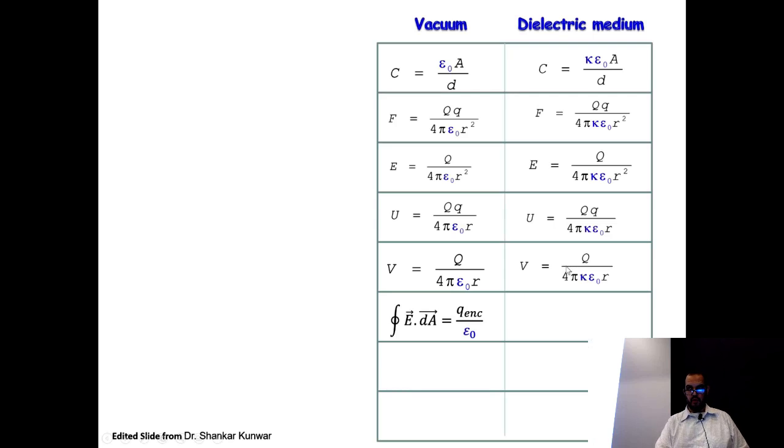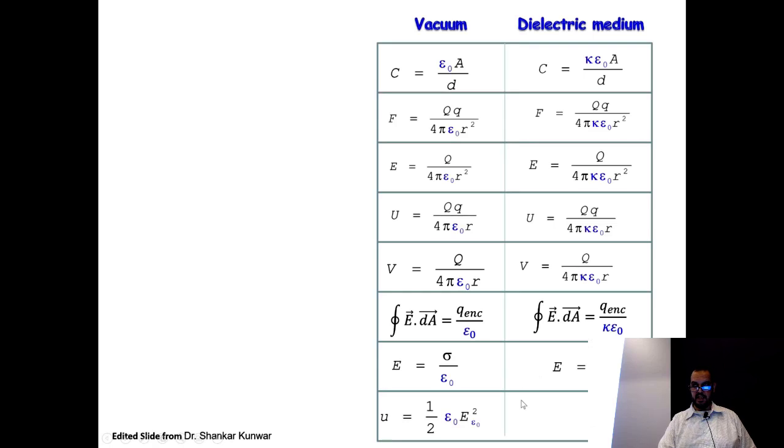This is Gauss's law. The flux, which is the electric field dotted with dA, is equal to the charge enclosed divided by epsilon 0. Gauss's law, if now you are not in air, you are in a dielectric, becomes Q enclosed divided by kappa epsilon 0. Okay, so we have seen this. This is the electric field outside the conductor.